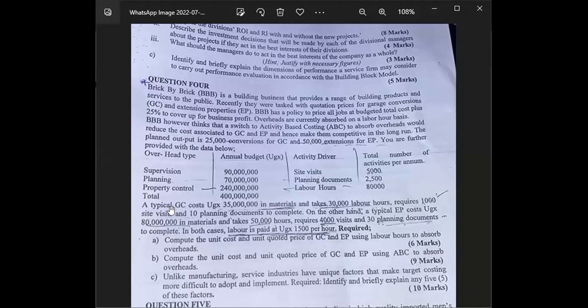They say that the typical GC, a typical garage conversion, costs 35 million in materials. So it's direct, and 30,000 labor hours. It requires 1,000 visits and 10,000 plan documents to complete. So if I may write those the way they are, back to the worksheet.